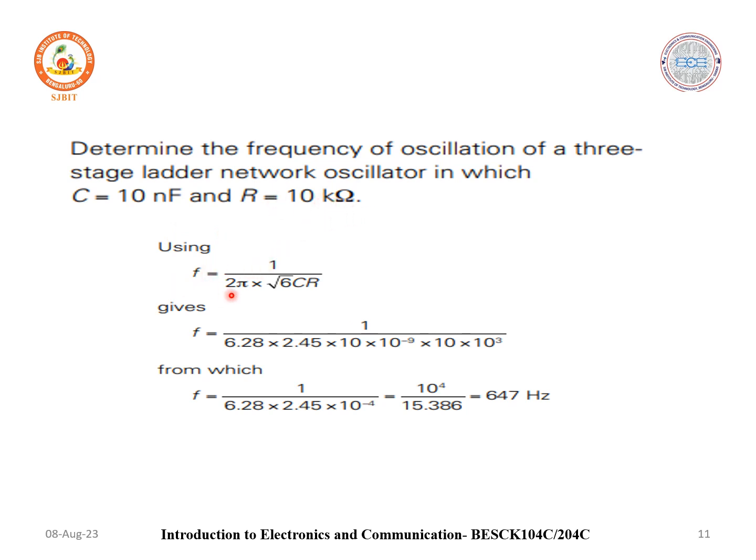So the given values are C and R. Using the formula f equals 1 by 2 pi root 6 RC, substitute the C value 10 nanofarad and 10 kilo ohm and simplify. The final frequency value you get is 647 hertz. That is the frequency obtained from this ladder network oscillator.